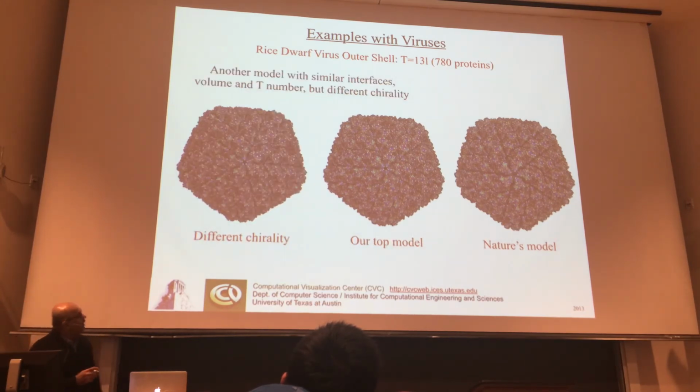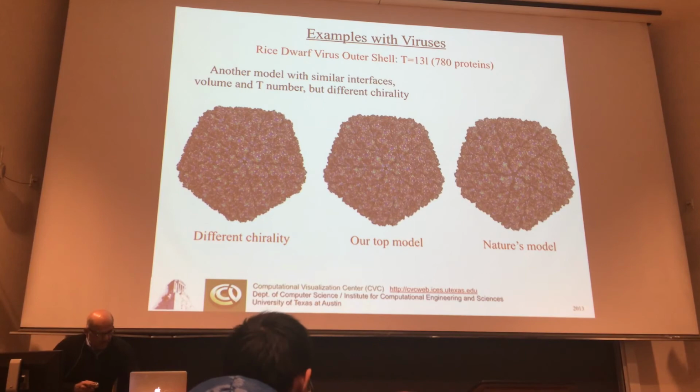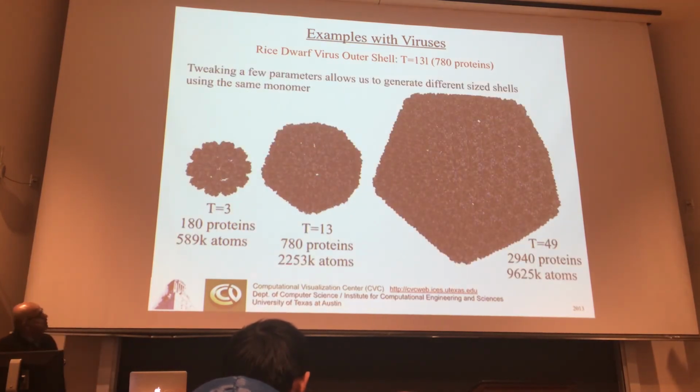But then comes this other case, this is for the outer shell, but here's the final set of examples. In the case of the same protein, we can also predict stable structures which are T equal to 3.